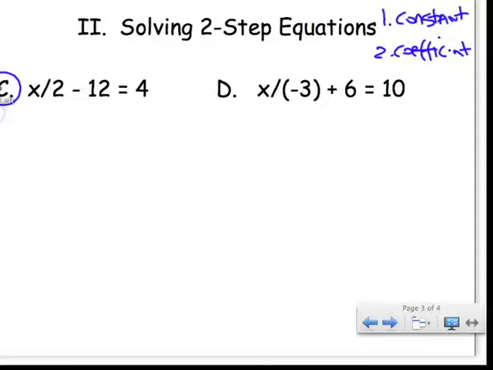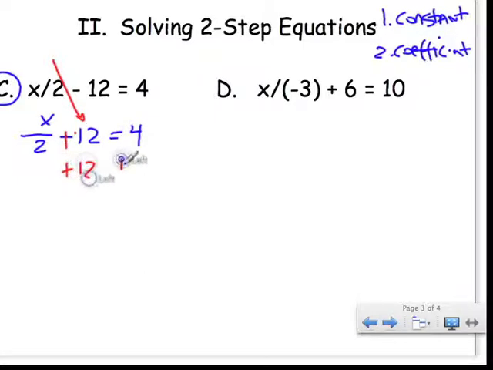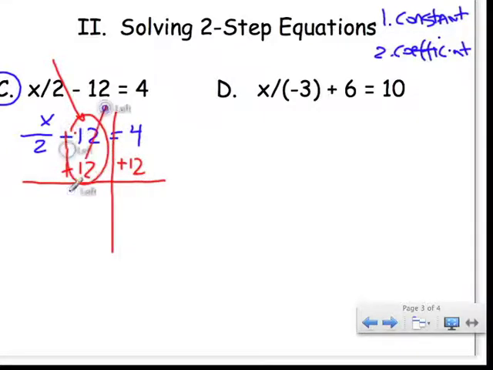So I'm going to solve C, which really says x divided by 2 minus 12 equals 4. In order to cancel the constant first, this is my constant of negative 12 after I kill subtraction. To add the opposite, I'm going to add 12 to both sides. When I do that, my constants cancel, and I have x divided by 2 equals 16.